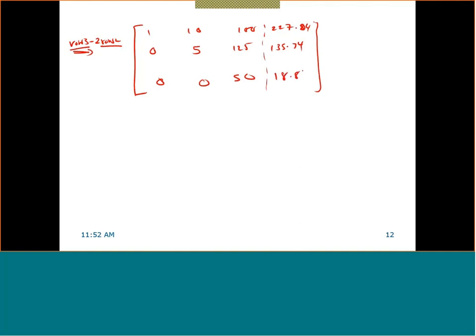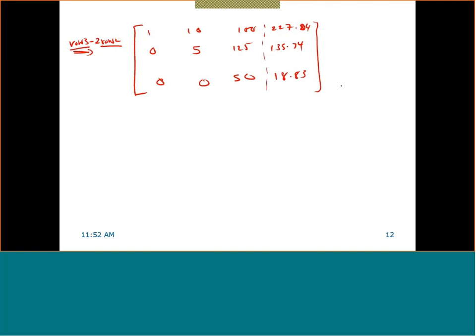Then what I will have here, this stays as it is: 1, 0, 100, and this is 227.04. Then I don't touch 0, 5, 125, I'm done with it, and this is 135.74. Finally, when I do the subtraction of row 3 minus 2 row 2, we'll have 0, 0, 50, and this is 18.83. So I finished the forward elimination.